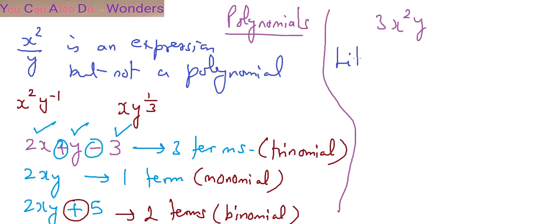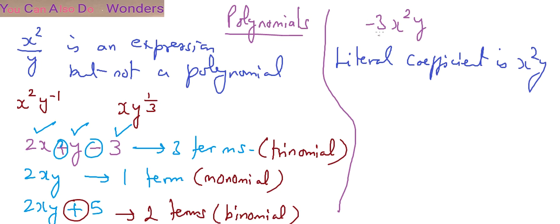So in 3x square y, literal coefficient is x square y. Okay, let's take this with this minus sign. So still literal coefficient is x square y. Literal coefficient has no sign.